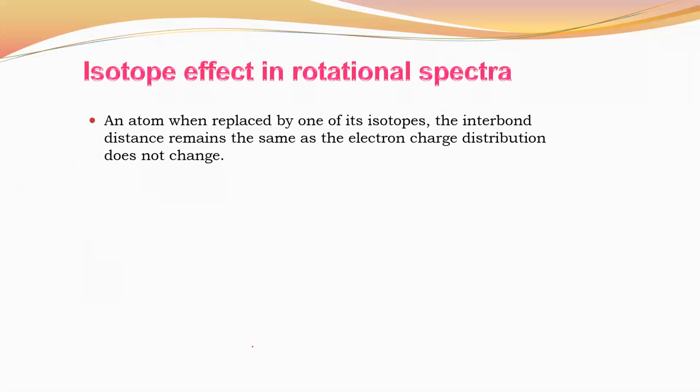In the case of an isotope, what quantity changes? The number of neutrons changes, so this change only occurs at the nucleus. Then there is no change in its bond length. Okay, only mass changes.